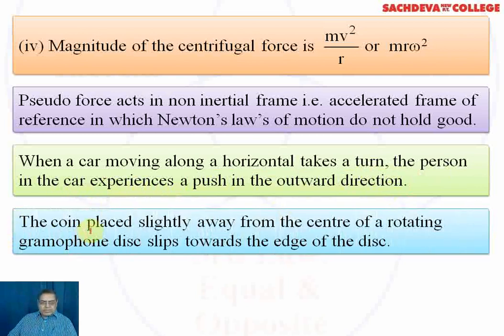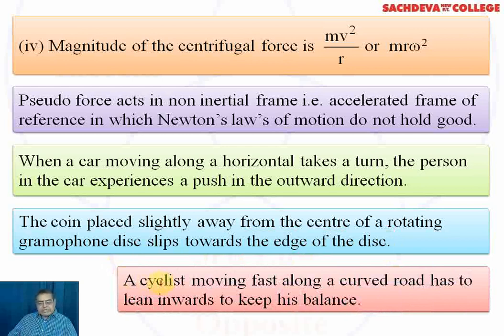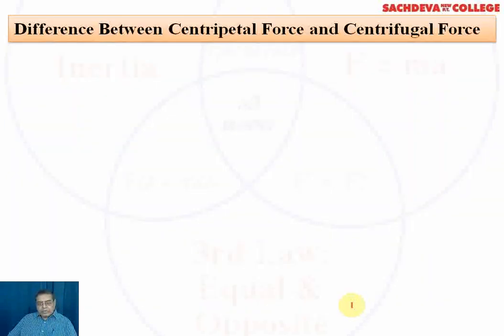The coin placed slightly away from the center of a rotating gramophone disc slips towards the edge of the disc. A cyclist moving fast along a curved road has to lean inwards to keep balance. When the cyclist is bending, the weight will be acting vertically down.